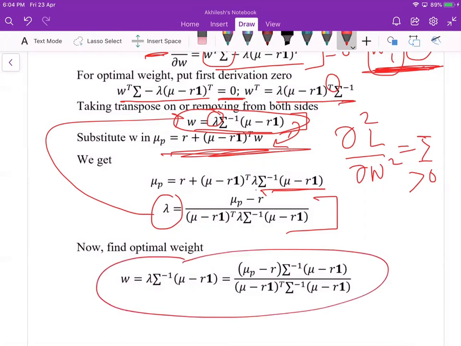So given the return on the individual asset and the return we want over our portfolio, we can get the optimal distribution. Okay, we can get the optimal distribution given the risk free asset. One asset is the risk free asset.